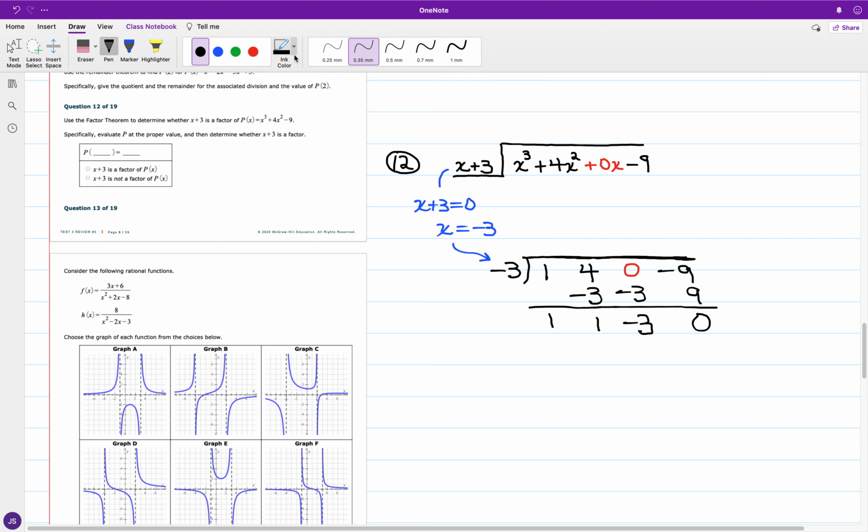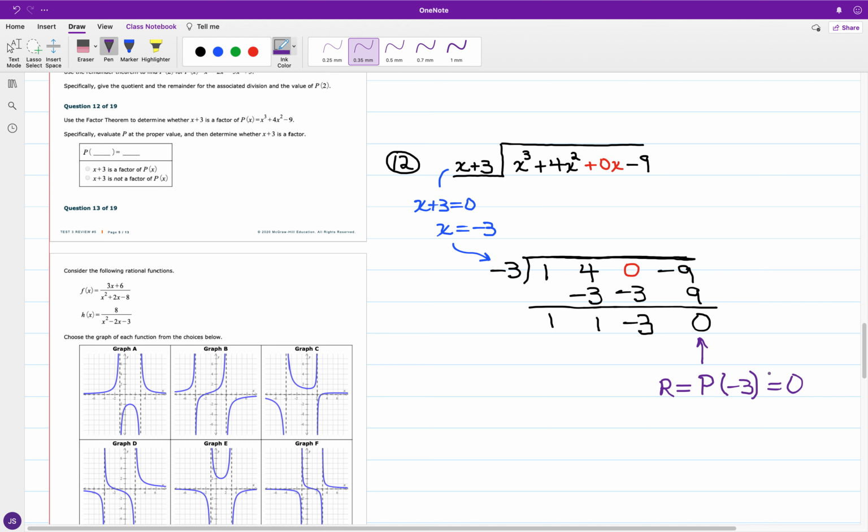So what we have here is that the remainder is going to be equal to, since we had the polynomial in terms of p of x, p of the zero, which we have at negative 3. And that is equal to 0.